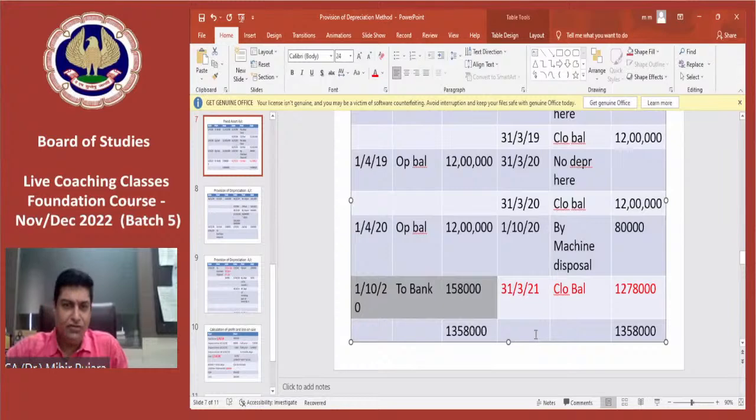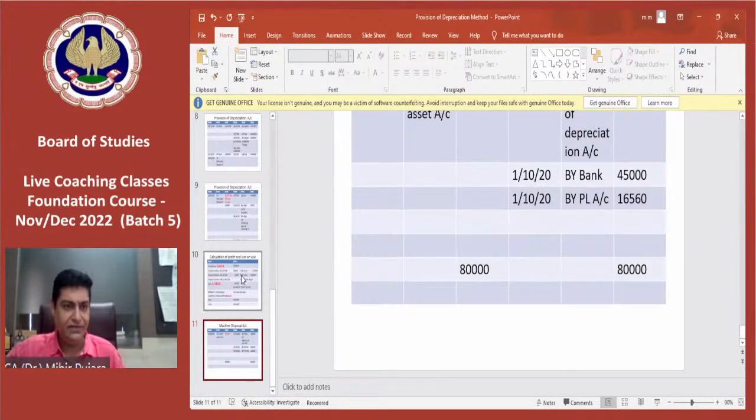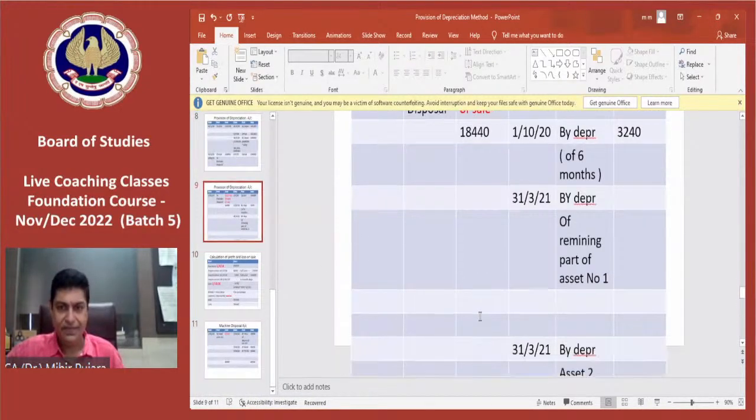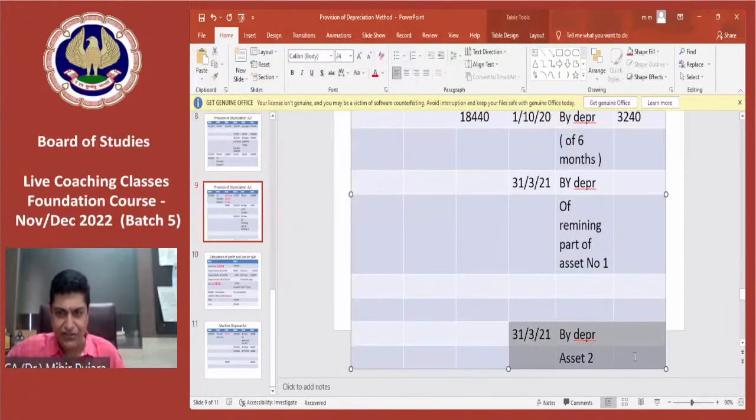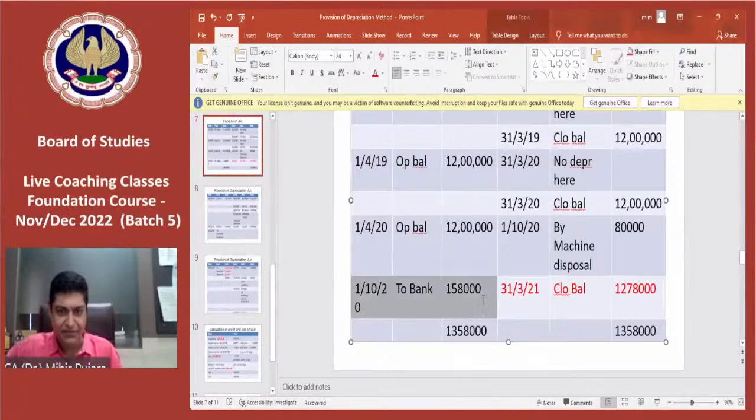Simple. So first let me know guys, this asset is purchased as on 1/10/20, right? And we have to provide depreciation on 31st March 21, our closing date. We purchased the asset on 1/10/20 and our closing date is 31st 3/21.